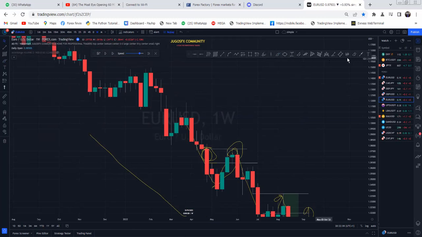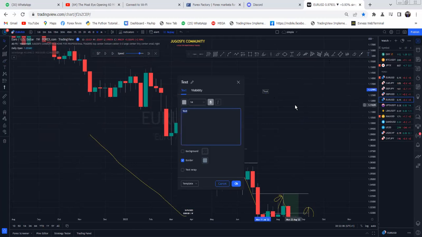So let me just put down the things here. Now we have one, which is CB. We have two, which is BC. We have three, which is order block. This can be bullish or bearish, right? So you have CB, you have BC, you have order blocks, bullish or bearish.